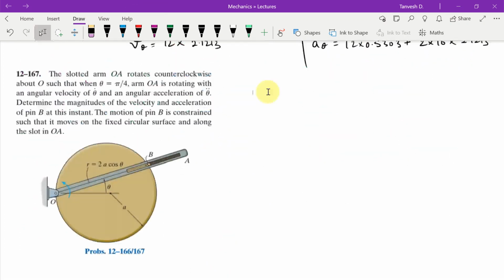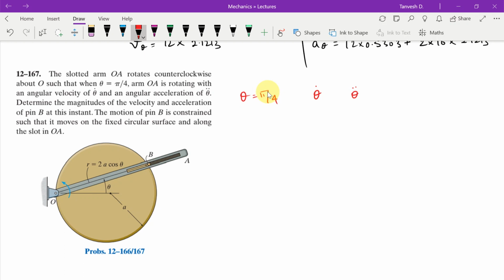So what is given in the question is that the slotted arm OA rotates counterclockwise about O such that when theta equals pi by 4, arm OA is rotating with an angular velocity of theta dot, okay, and an angular acceleration of theta double dot.